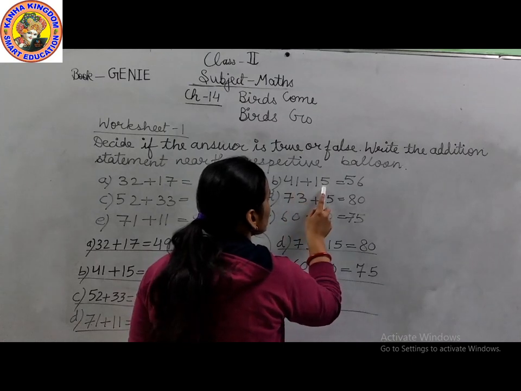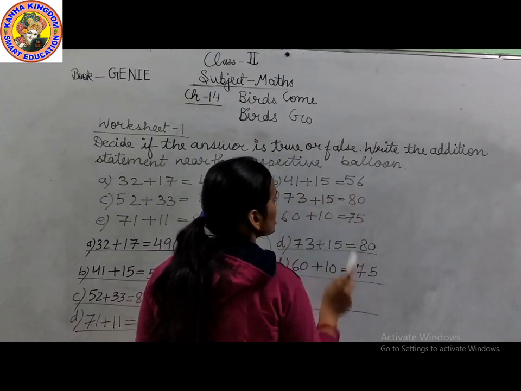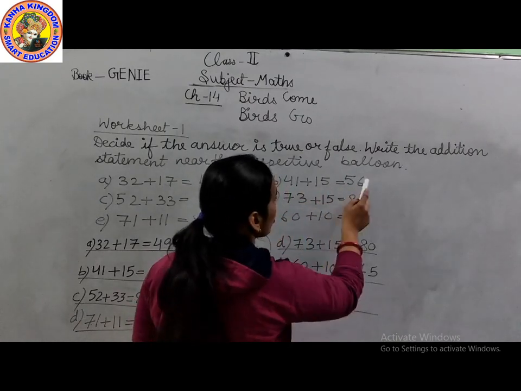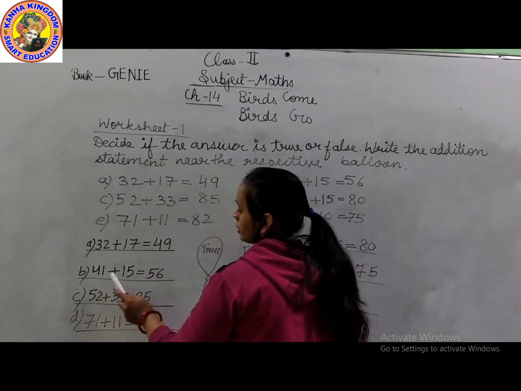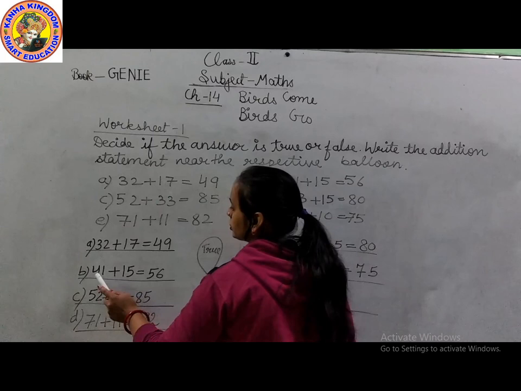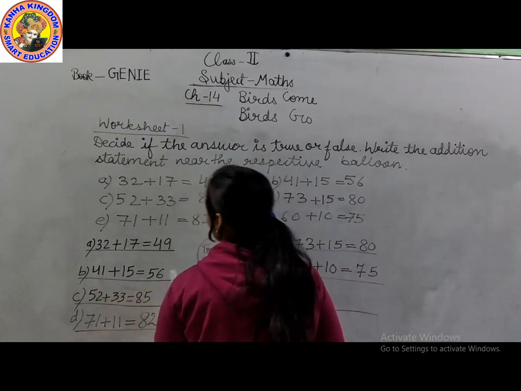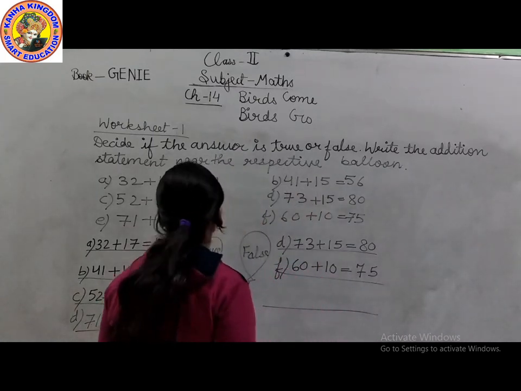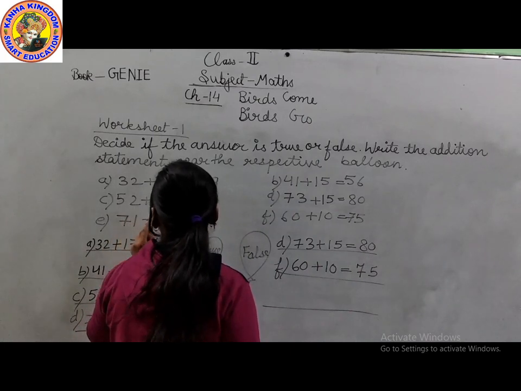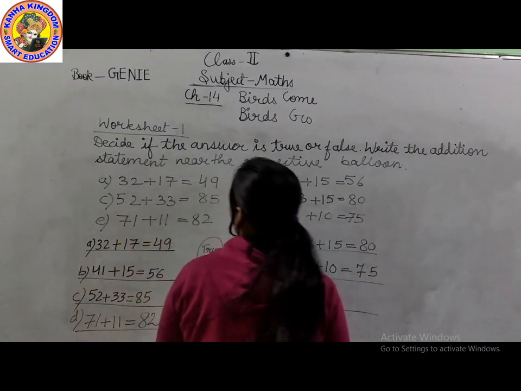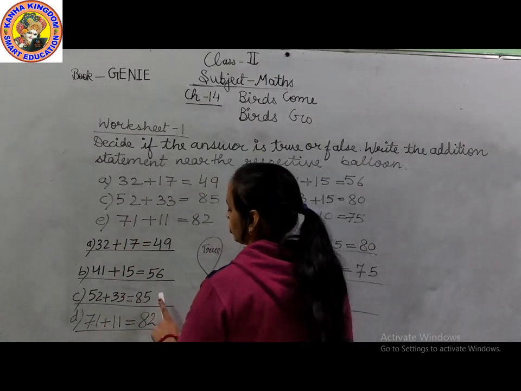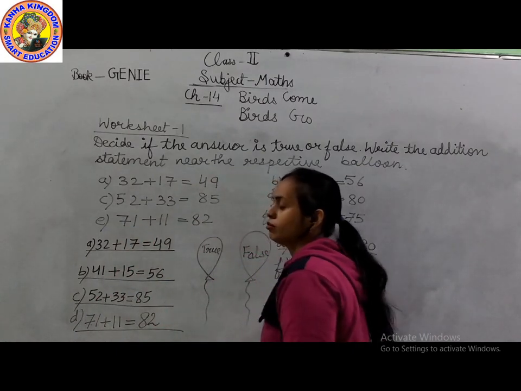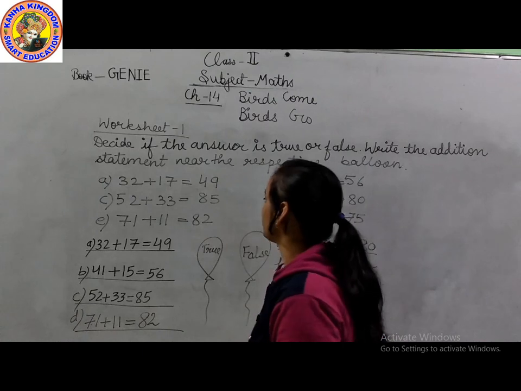So 41 plus 15 equals 56. So this is also a correct addition. So we write here near the true values. 41 plus 15, 56. Now 52 plus 33 equals 85. This is also a correct addition. So write in the column of true.